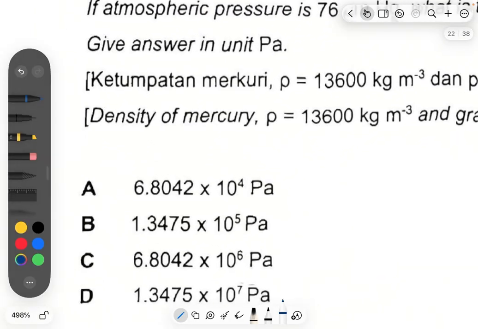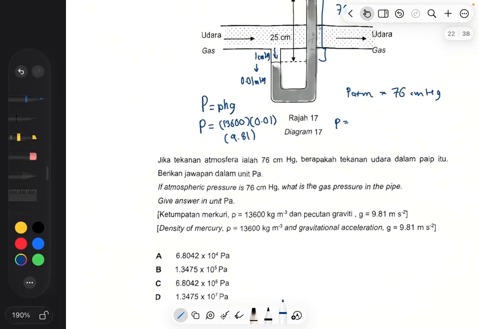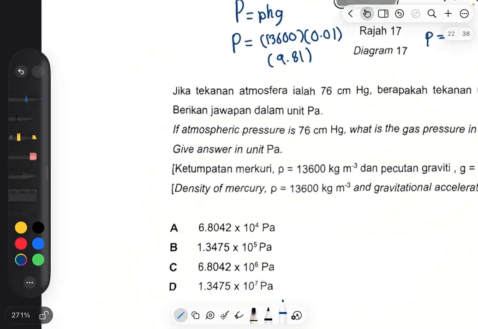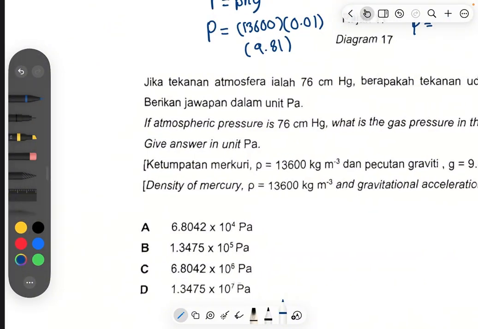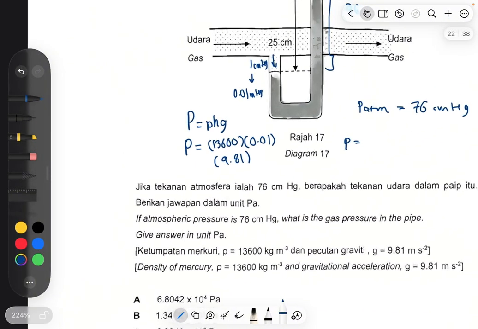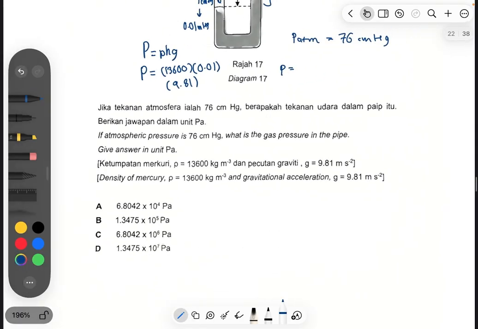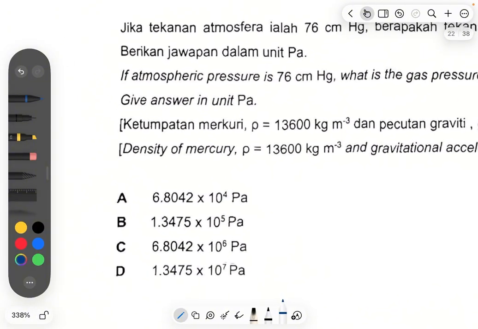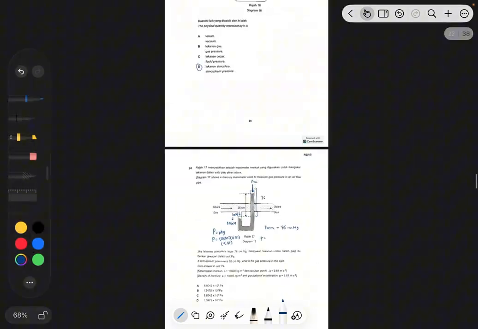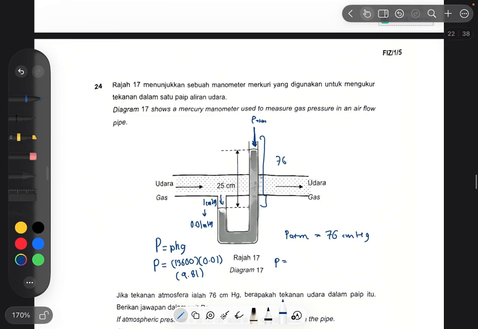Wait, why are these values so small? Why is my value so low? 13,600 times 0.01 times 9.81. So why do I get 1334.16? Yep, definitely an error in my calculation.